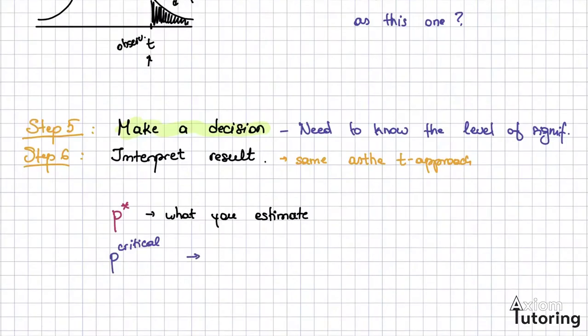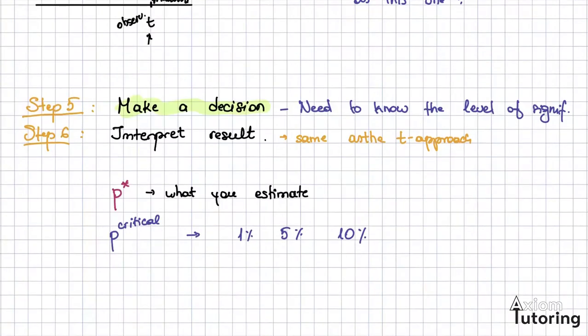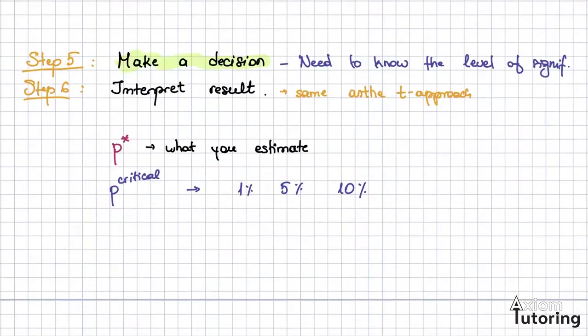Most of the time, this is going to be either 1%, 5%, or 10%, okay? So the levels of significance will be your p-criticals.